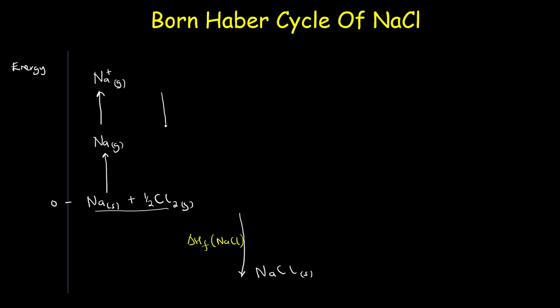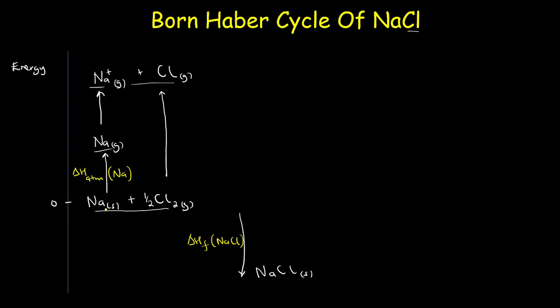We shall have to split our chlorine molecule into a single atom because we need only one atom in sodium chloride. So we shall have our gaseous chlorine. So now the challenge is we need to know the energy changes that are actually occurring in between. So when we are trying to convert the sodium atom into a gaseous atom, this enthalpy is known as enthalpy of atomization of our sodium.